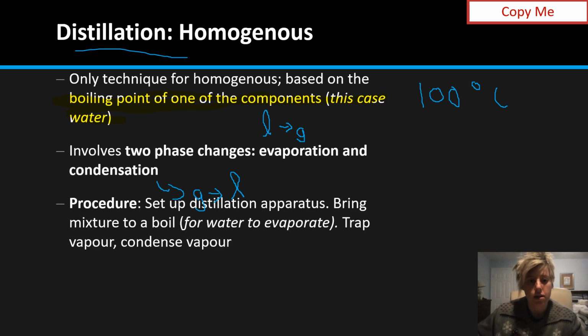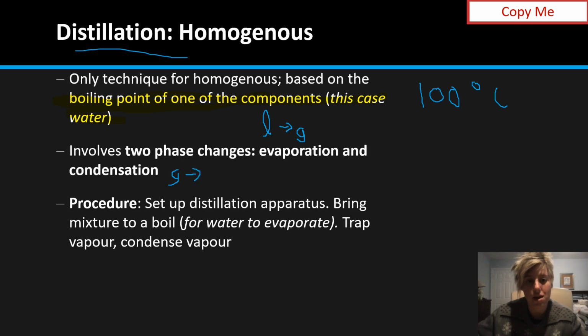So our procedure. My first thing that I need to do is set up the distillation apparatus. So again, that's the retort stand, that's the Florence flask, that's clamping the Florence flask to the retort stand. We're going to go through it. Bring the mixture to a boil, kind of important because that's the only way that I can separate the two components.